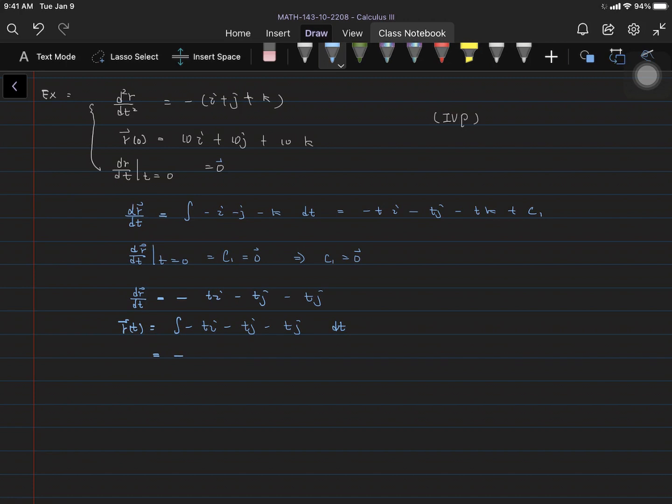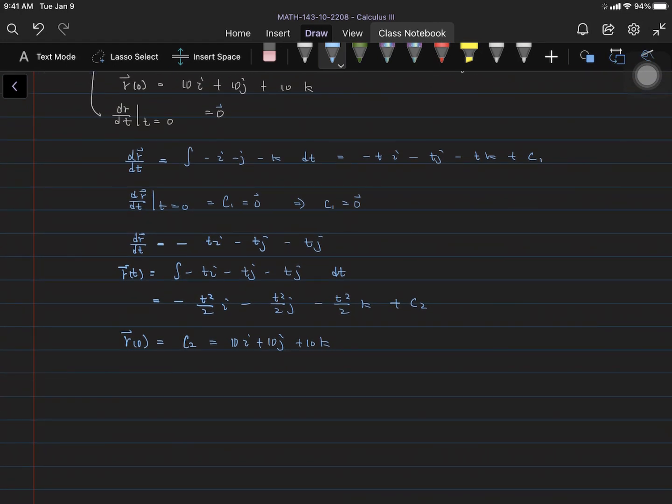The integral of this one is negative t squared over 2 i, t squared over 2 j, plus c2. And then plug in r(0), which is c2, and is given by the initial condition 10i plus 10j plus 10k. So that is my c2, and then I just plug it into my r(t).